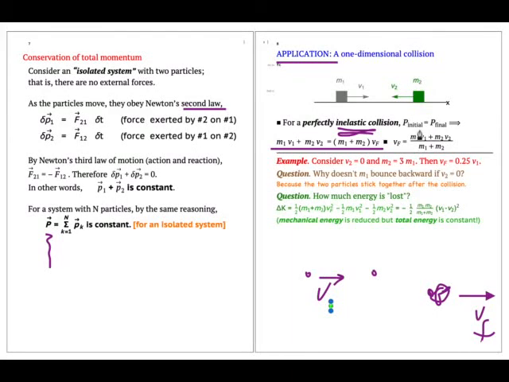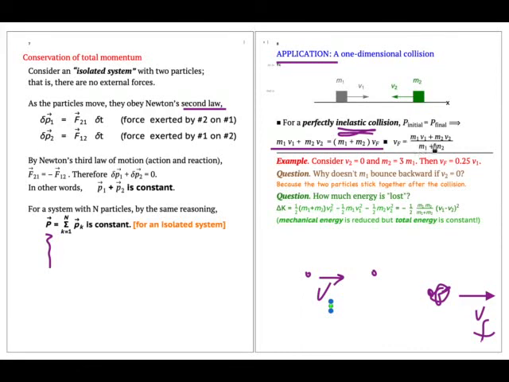The m1 in the numerator cancels the m1 in the denominator. So you have m1 times v1 plus 0, because v2 is 0 before the collision, divided by m1 plus m2.